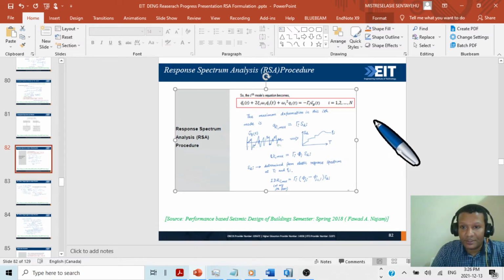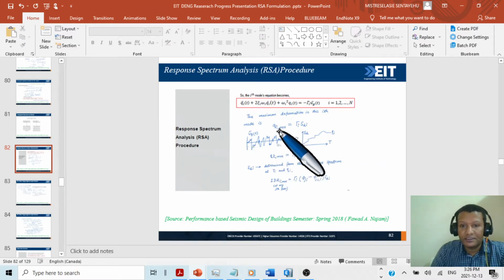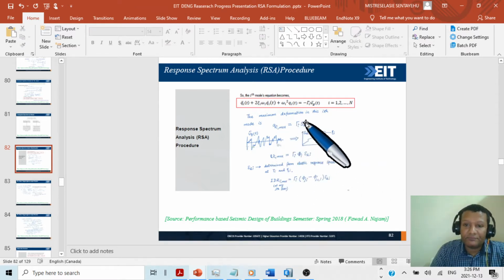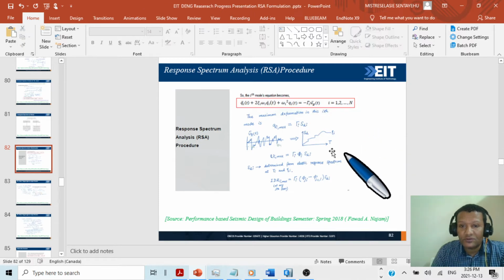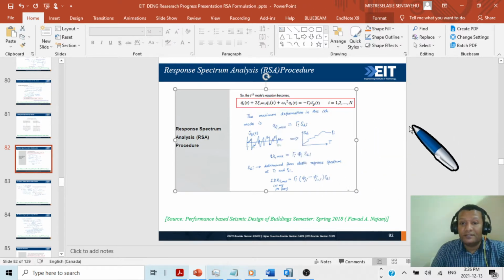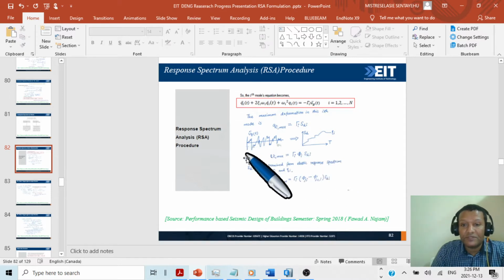Once we have our spectral displacement for a constant value of damping ratio, then automatically this is q max. That means Γi, the modal participation factor, times spectral displacement SDi for the i-th mode. When we multiply it with phi, we change it from q coordinates to u coordinates. This is a very important transformation point.